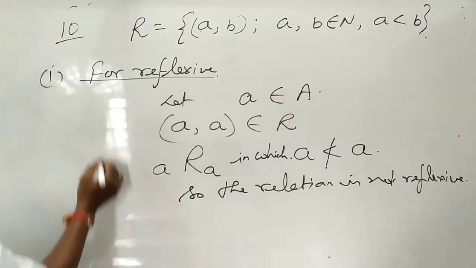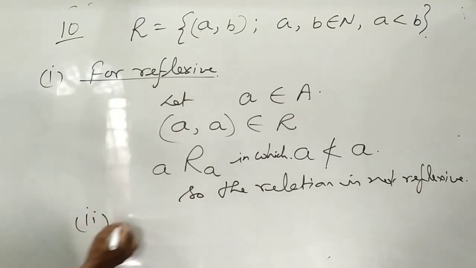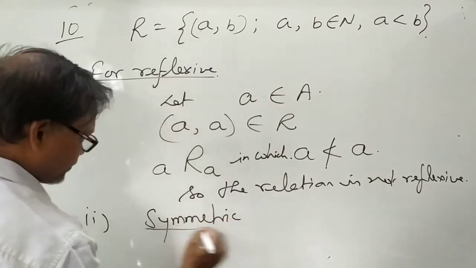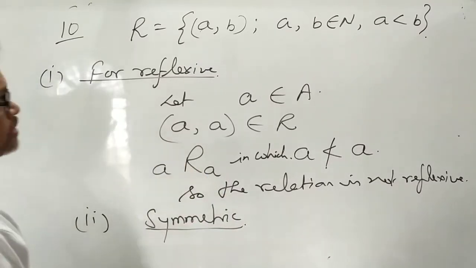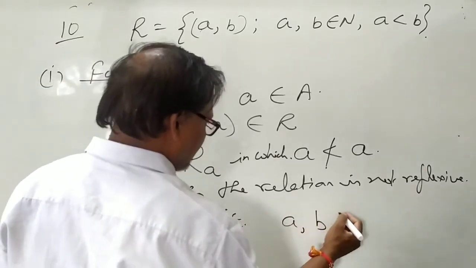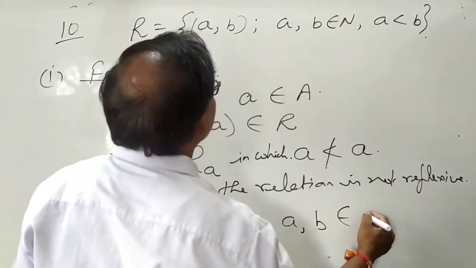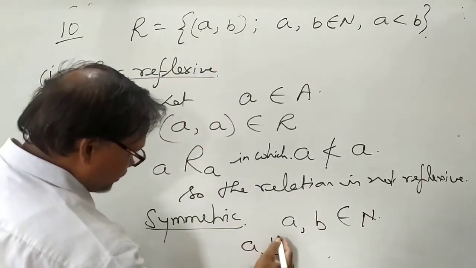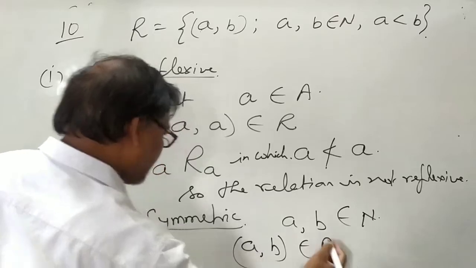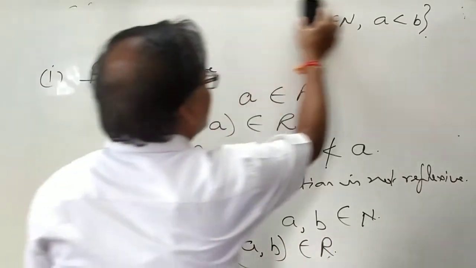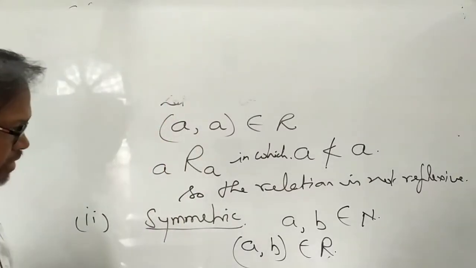Second part, symmetric. For symmetric, what do you do? In the symmetric case, let the two elements a and b belong to set N and (a, b) belongs to set R. So what you will have? The condition is a must be less than b.